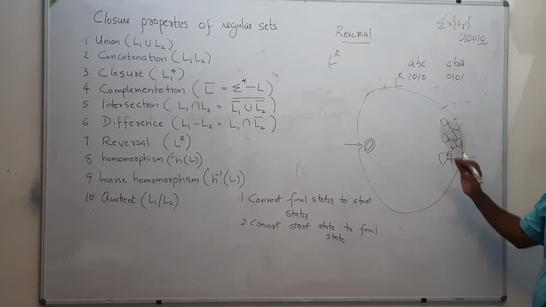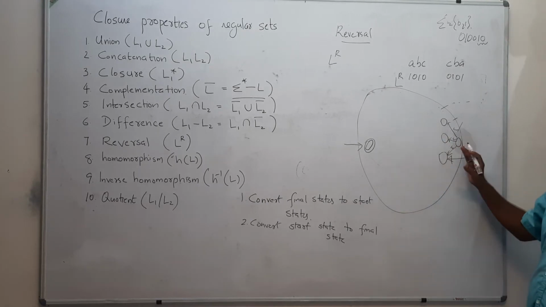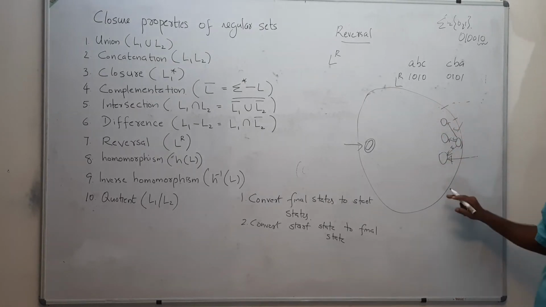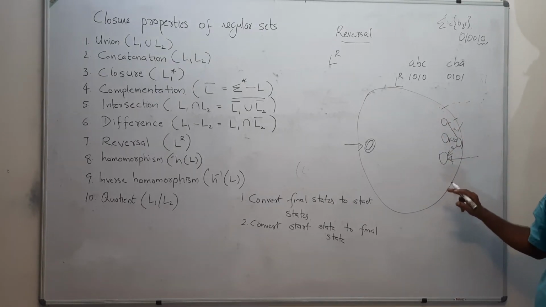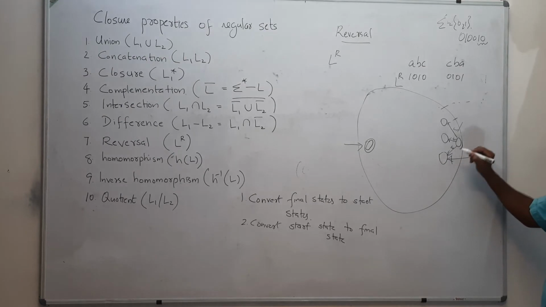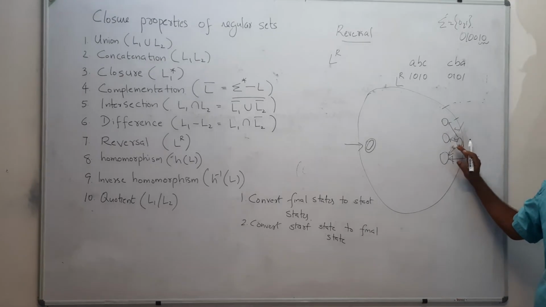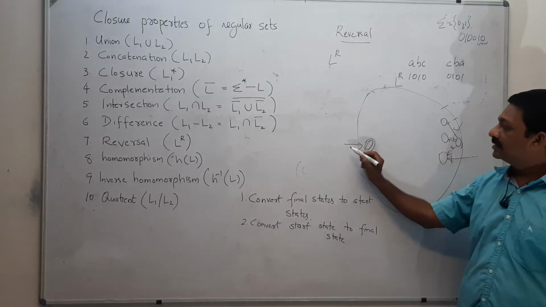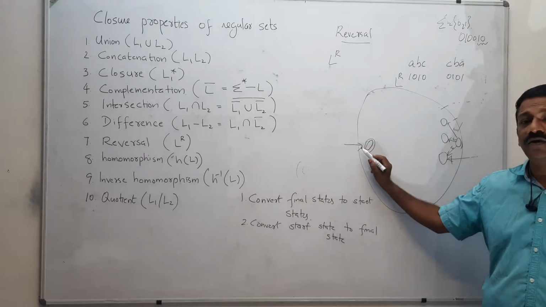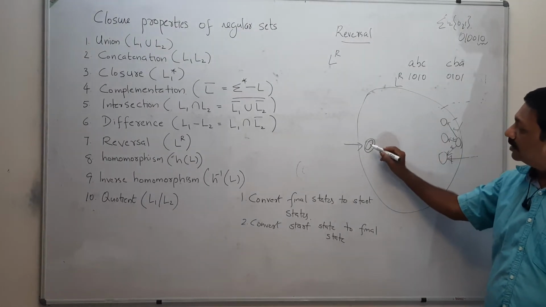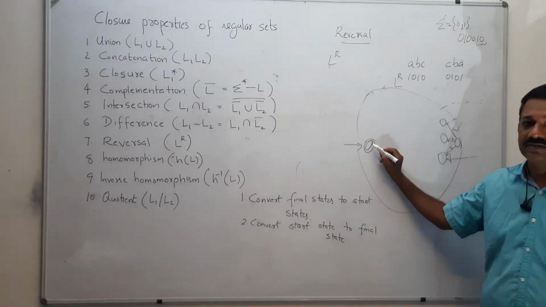You have to convert all final states to start states. So after this conversion you will have more than one start state, but definitely there is a single start state in the original L, and when you convert that, it becomes the final state.